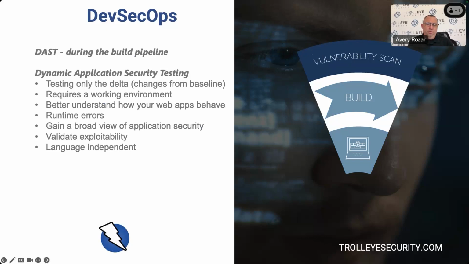Because the last thing you want to do is run dynamic analysis on the whole application every single time you build and deploy. That's going to take an extremely long time. So at this point we would work with the development team to produce an automated way to find out what has changed during the sprint, and that way you're only running vulnerability scans on the functions, the code, and the user inputs that have changed.